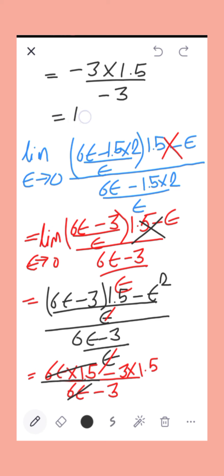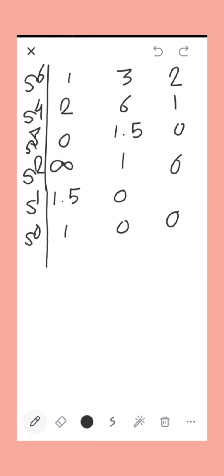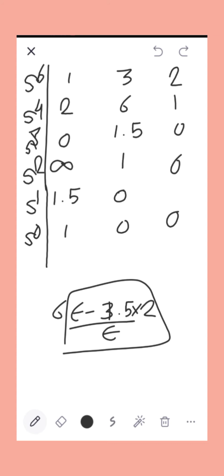So the answer is 1.5. Clear? So after putting the limits on the values we found, 6 epsilon minus 1.5 into 2 upon epsilon, we have to write down the values here.